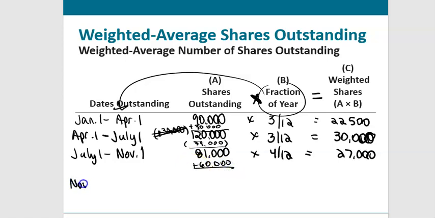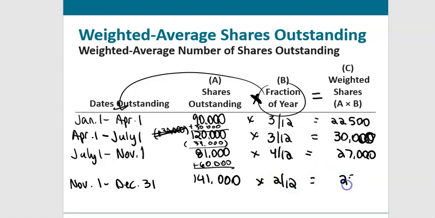So from November 1st until year end, at which time we're putting together the financials and reporting our earnings per share calculation, we have 141,000 shares outstanding for 2 out of the 12 months, November 1st through December 31st. And that works out to be 23,500.